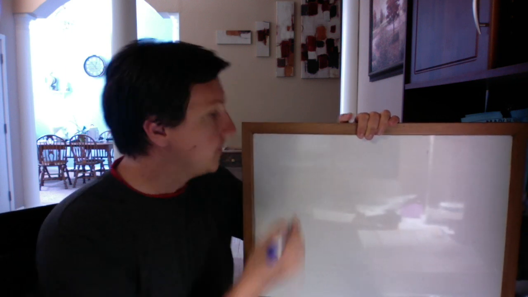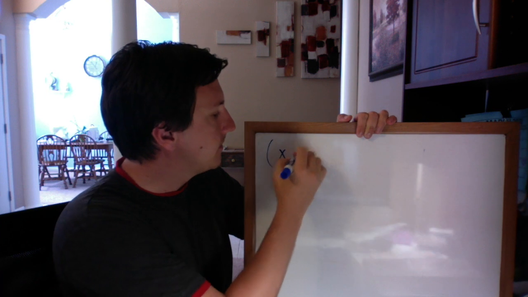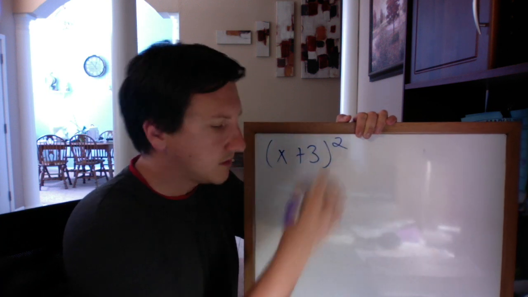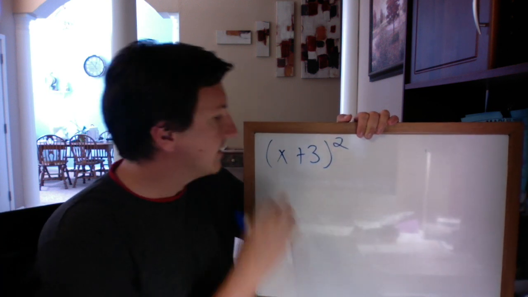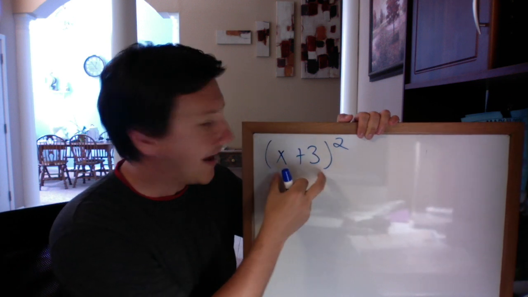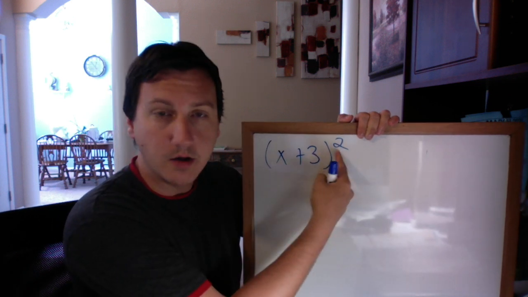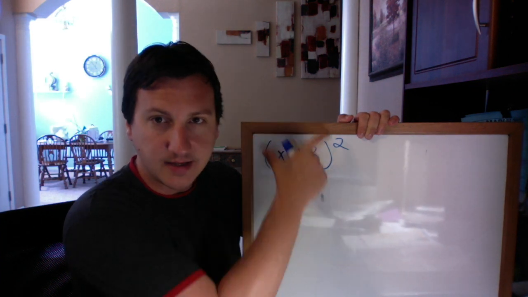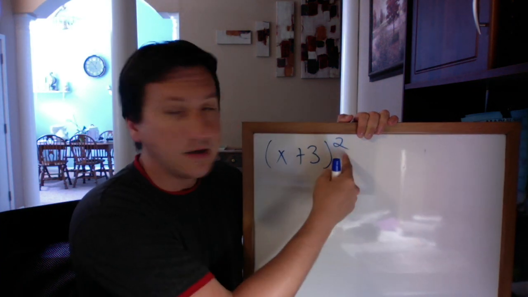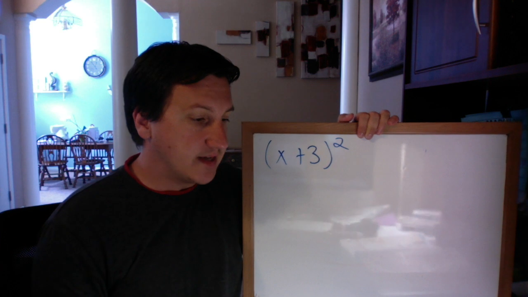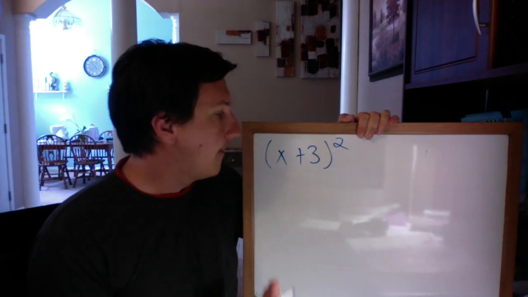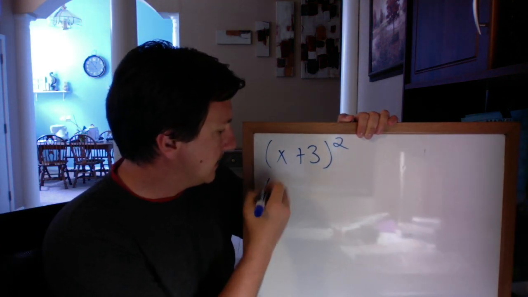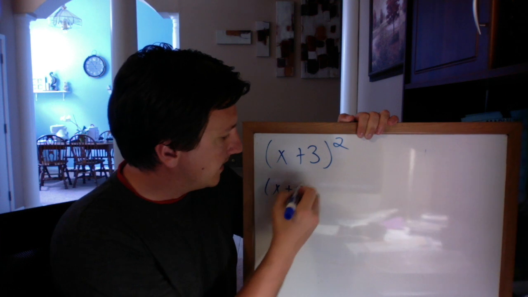So for example, the first one says (x + 3) squared. It's not x plus 3 squared, it's the quantity x plus 3, squared. We are raising the entire expression to the second power. And so when it says find the product, all we're doing is exactly what it says.